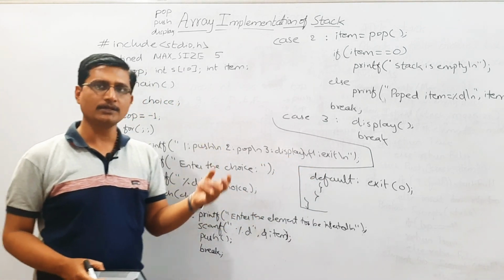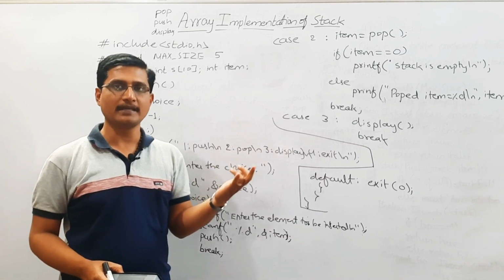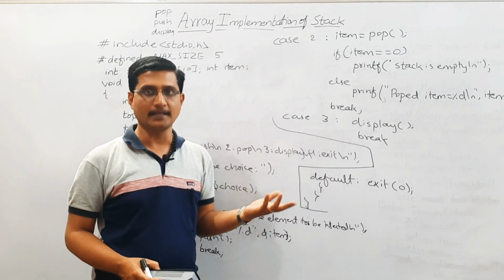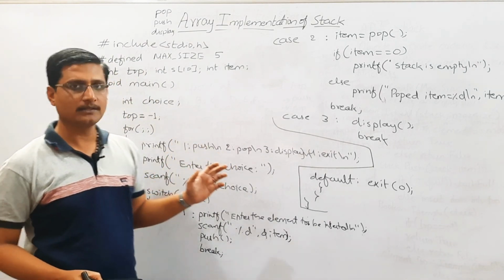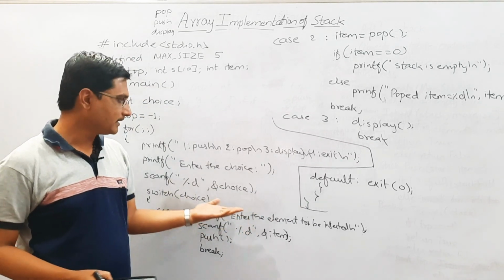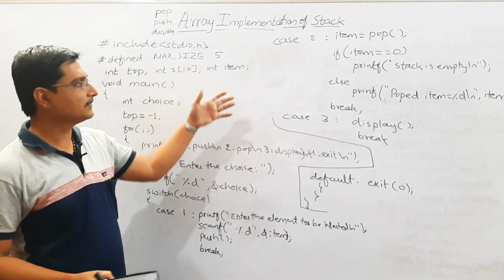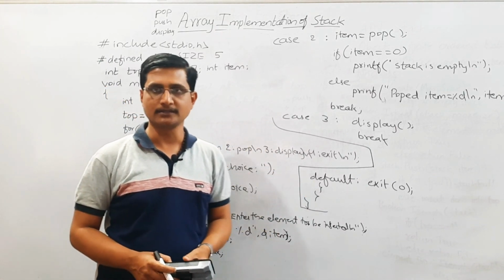So when we are pushing, we need to check the overflow condition. When we are popping and when we are displaying, we need to check whether the stack is empty. Okay, that's all. Simple implementation. Without passing the parameters also possible, with passing the parameters also possible. So same, you can convert this integer implementation to character implementation. Thank you.